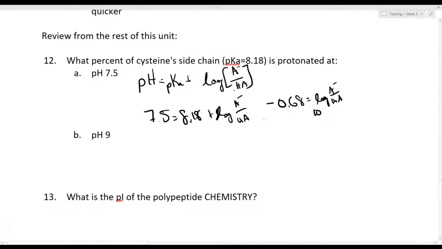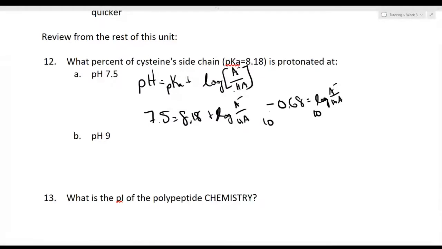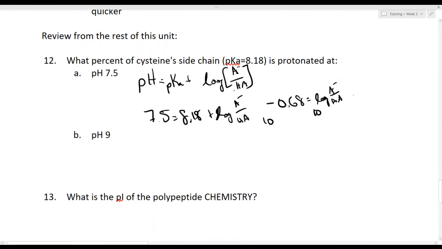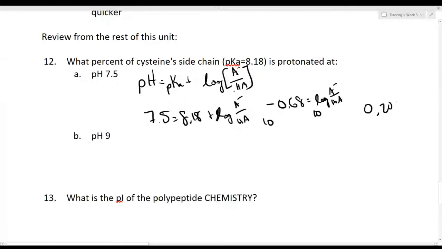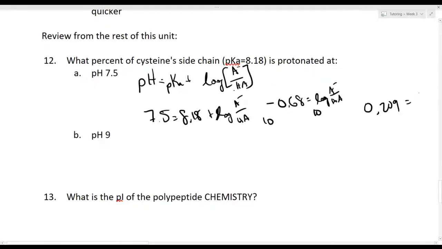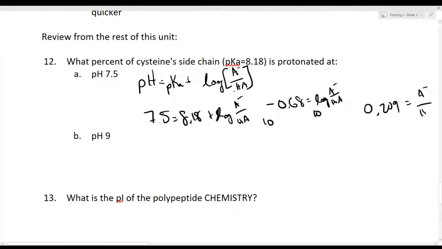Then when I exponentiate, I believe, because the terms with logarithms are really confusing, I apologize, but when I undo the logarithm, I get about 0.209, and that equals the concentration of A minus over HA.